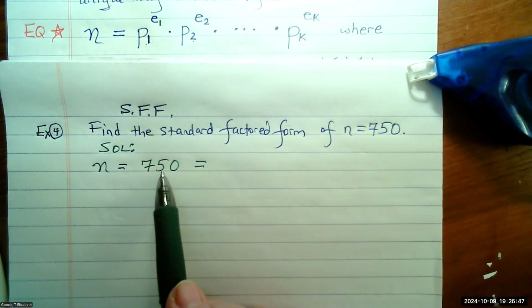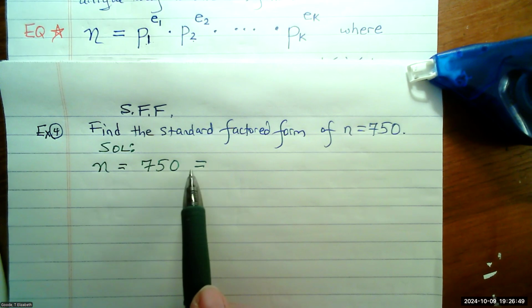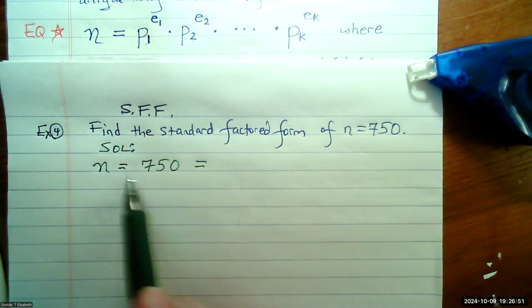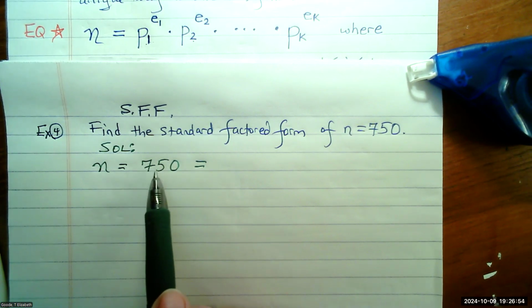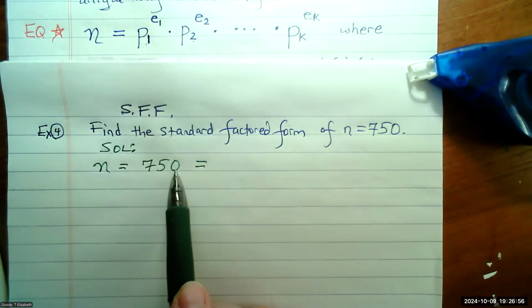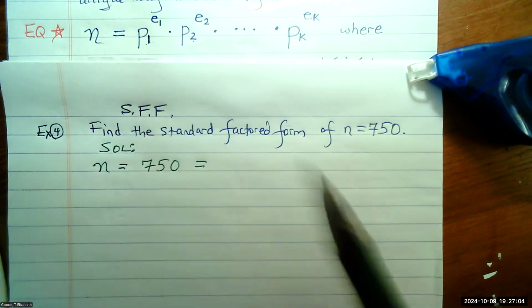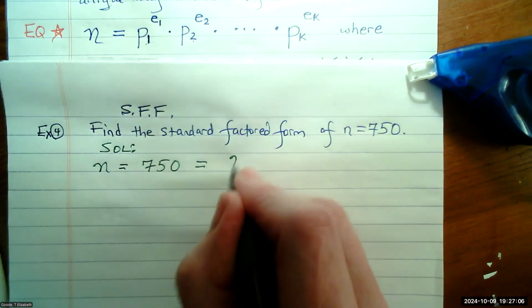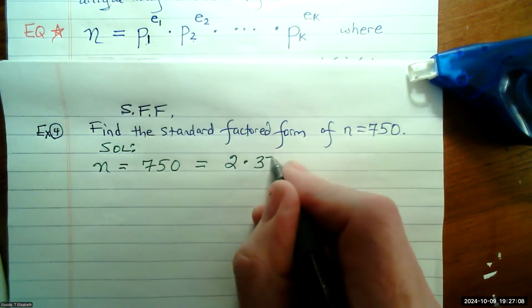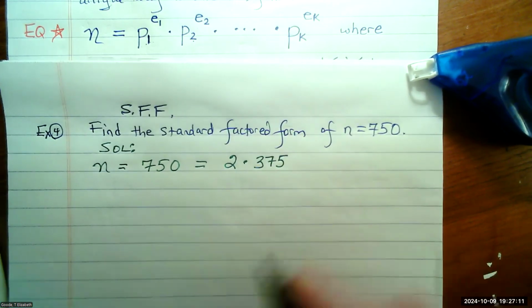So the first thing I do is I look for copies of 2, and I ask, does 2 divide n? And yeah, it does, right? Because n has its last digit in the ones place as an even number, 0, 2, 4, 6, or 8, we know that n is even, and there's going to be a factor of 2. So we can pull out 2, and of course that leaves 375 behind.